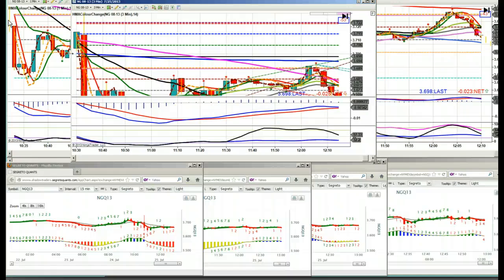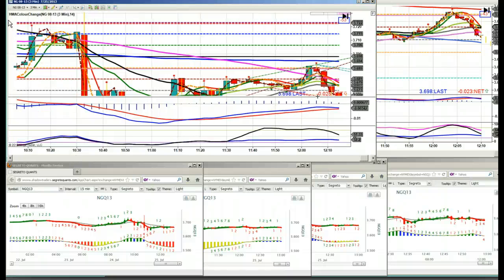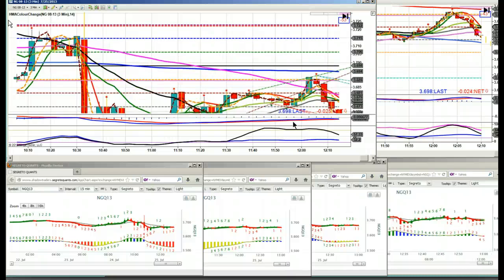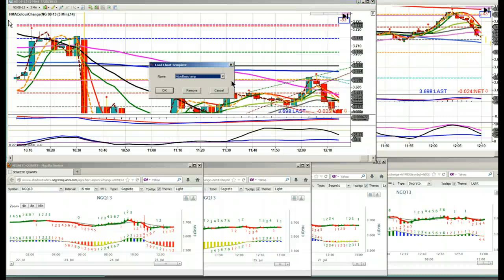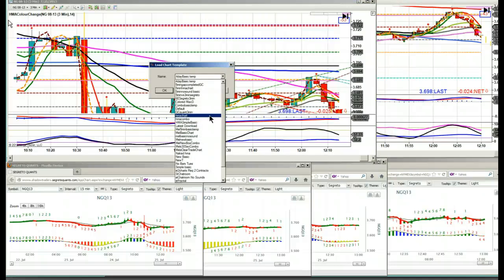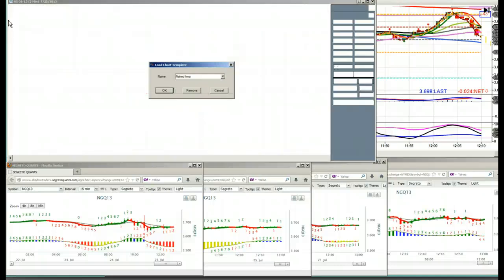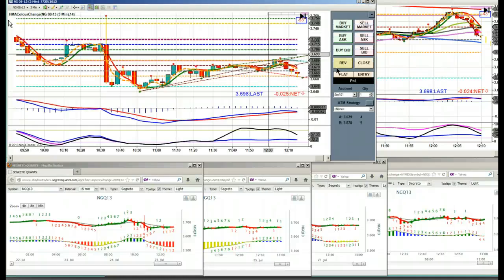What you're really looking for is the relationship of the HMA color change. Now I'm going to change this chart for a second because I have a template where I've taken a bunch of stuff off to make it really stand out for you. And I call this my naked HMA chart. Easier for you.